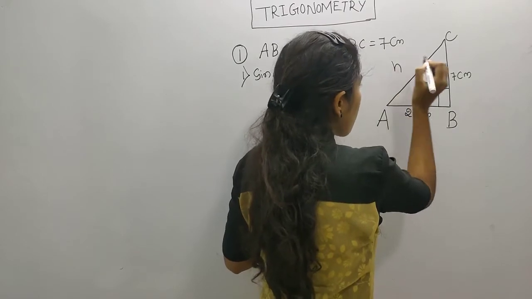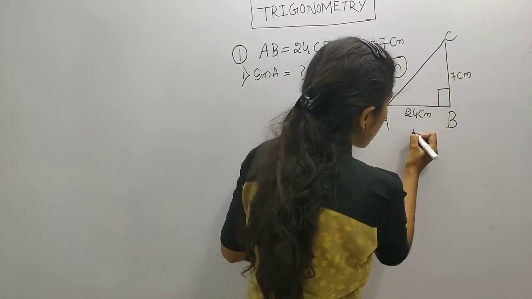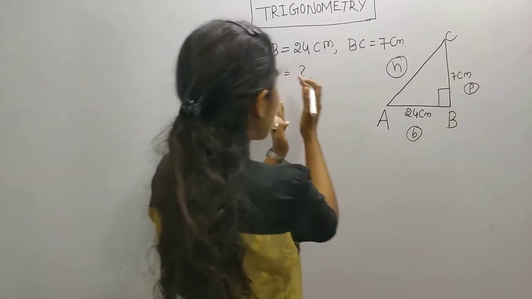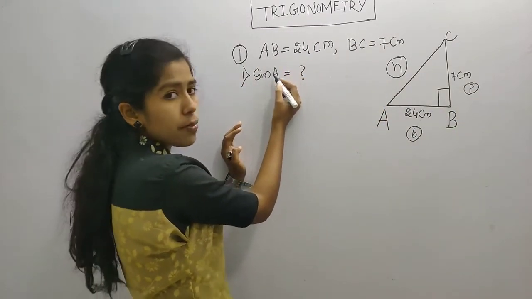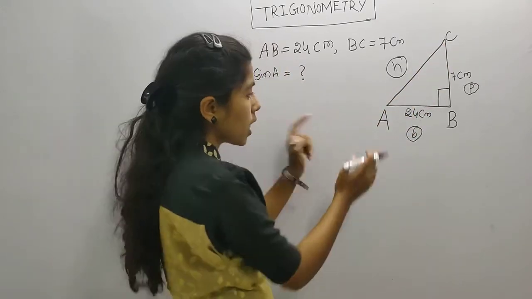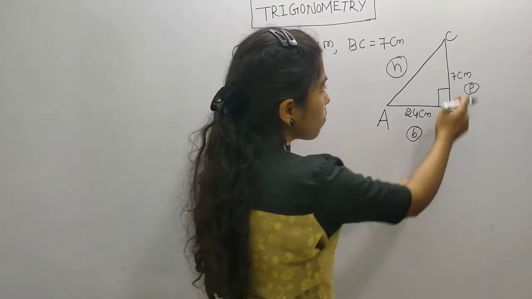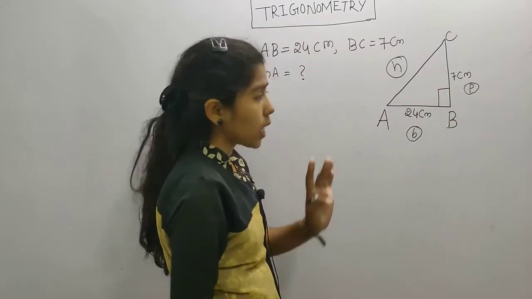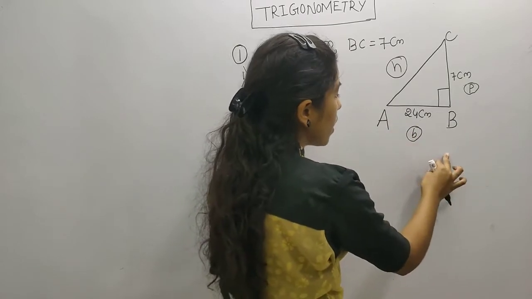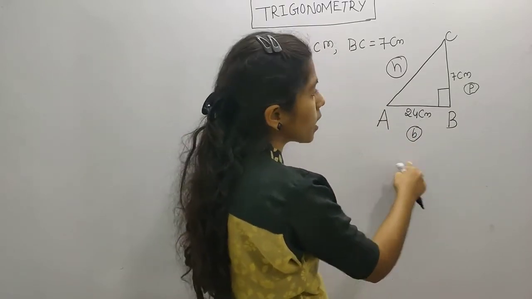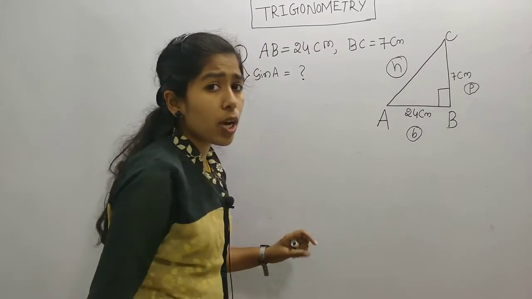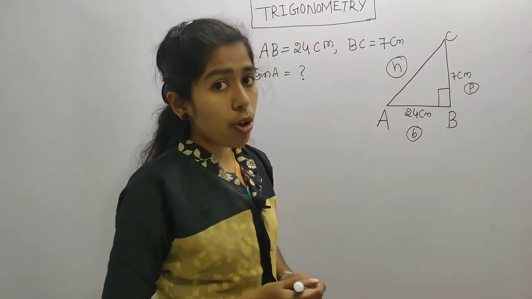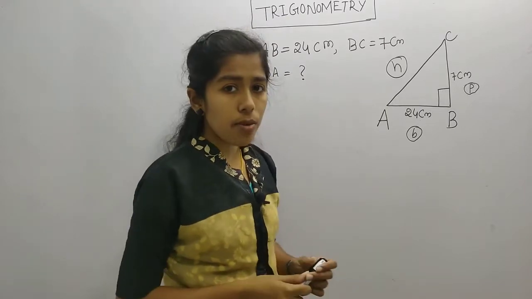First identify the hypotenuse, base and perpendicular. Regarding A, no doubt this is the hypotenuse. The opposite side of A is BC, so this will be the perpendicular and this will be the base. Clear? AB is given, that means the base is already given. BC means the perpendicular is already given. Now AC. How can we find AC? Do you have any idea?